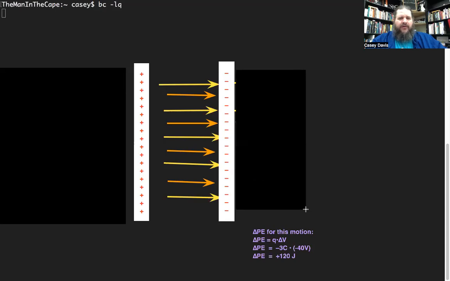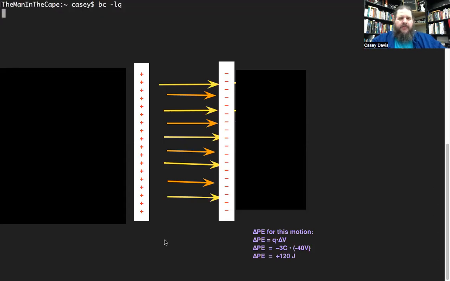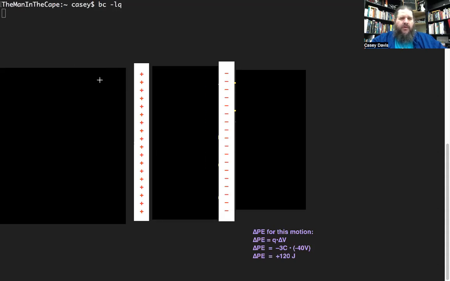So those cancel out. What about the electric field in between the plates? Move towards the negative plates. Right, because we've got a vector to the right plus another vector to the right. Those combine to make a very strong vector to the right. So in the in-between region, we actually get this very strong vector pointing from left to right.